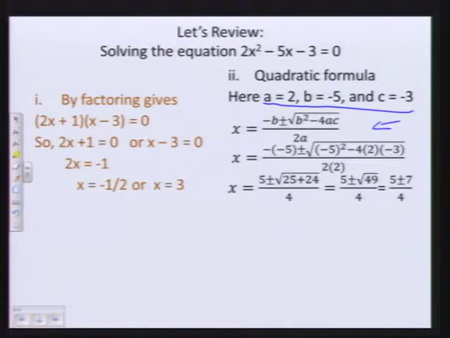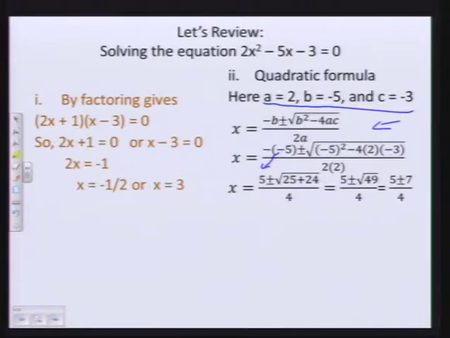Simplifying underneath the radical, negative 5 squared becomes 25, then plus 24, which is 4 times 2 times negative 3, but there's a minus in front of the 4, so the minus and minus becomes a plus. Out in front, we have a minus negative 5, so that comes out to 5, and our denominator comes out to 4.